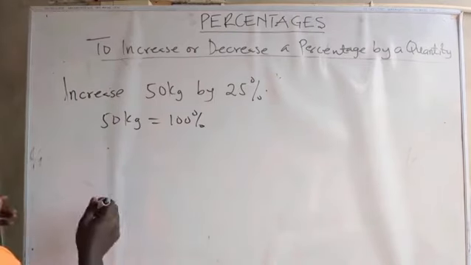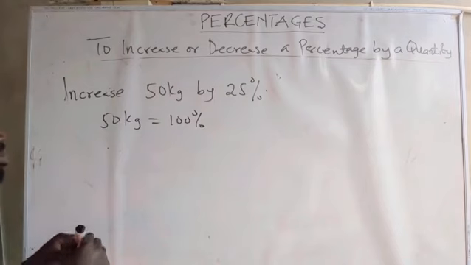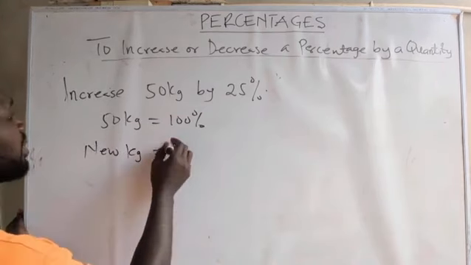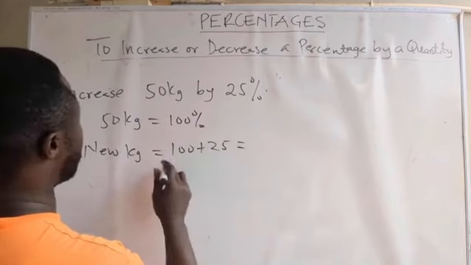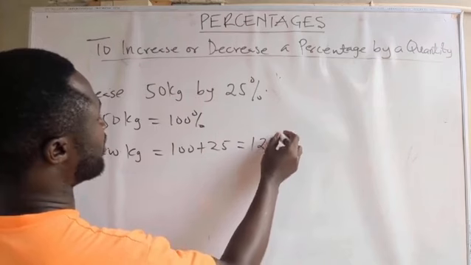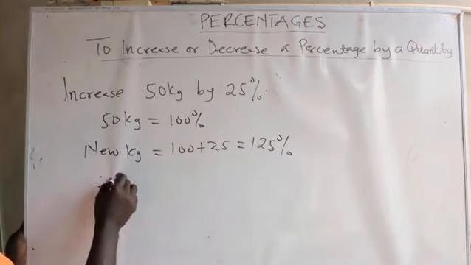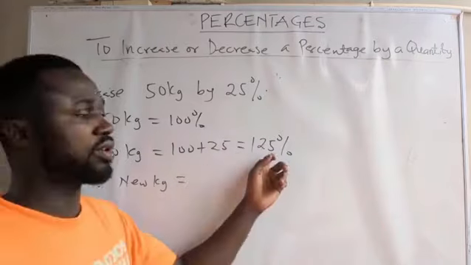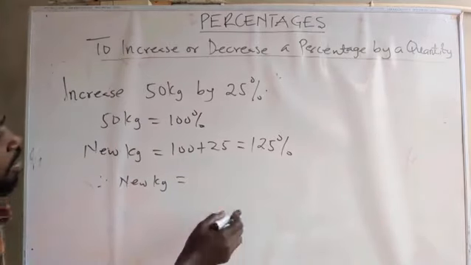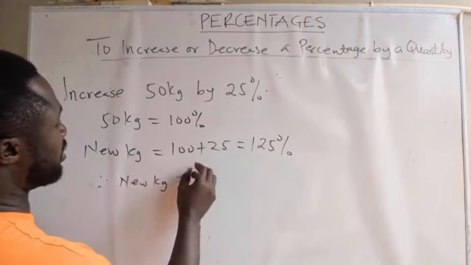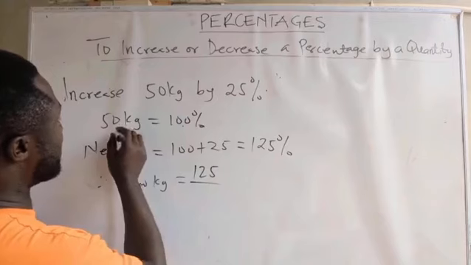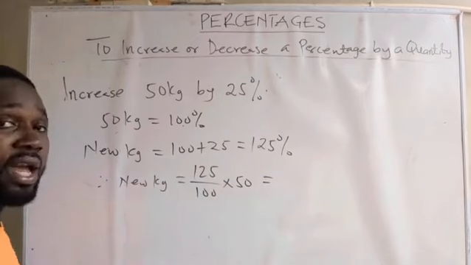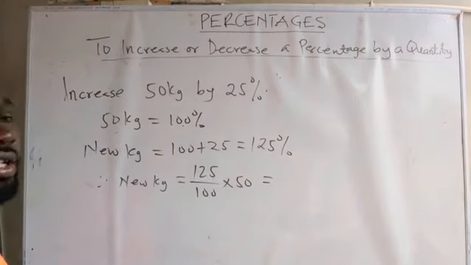So if I'm going to increase by 25, then the new kilogram will be how many percent? 100 plus 25, and that will give me 125%. Therefore my new kg in actual value, since I'm going to look for the value of 125%, it will be 125 divided by 100, whose value is known, times 50.